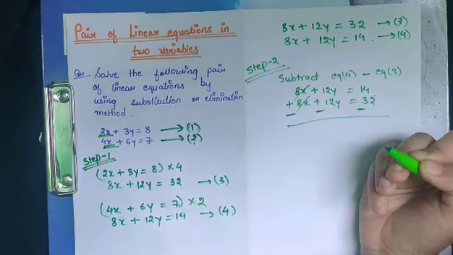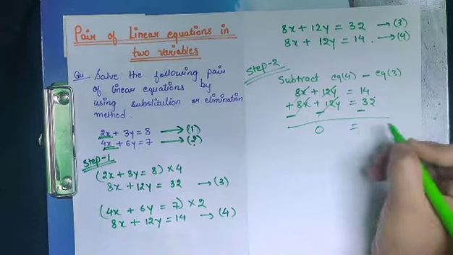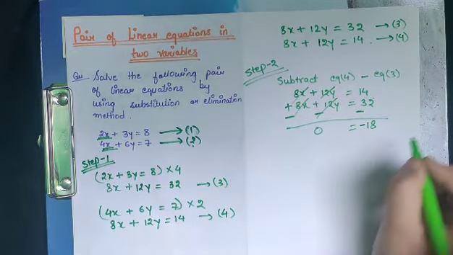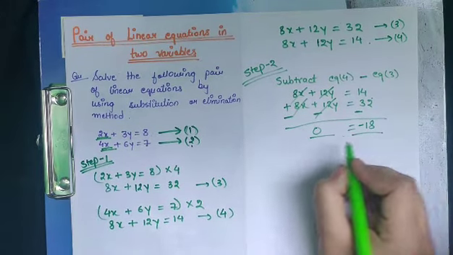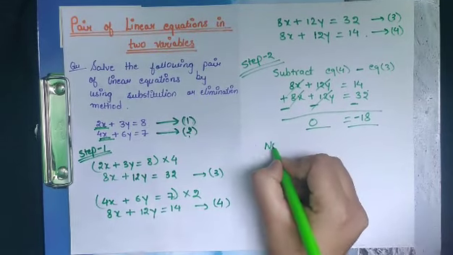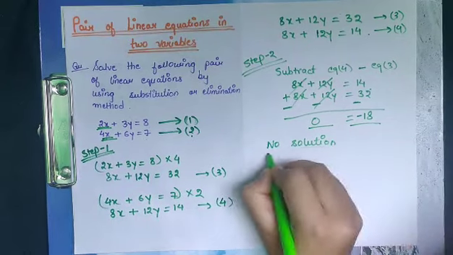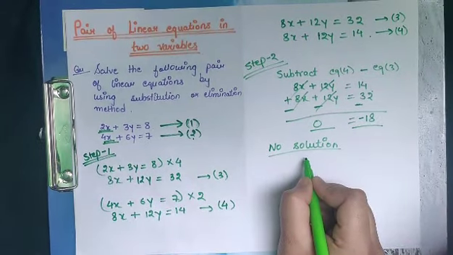So these will get cancelled. Similarly, they will get cancelled. 0 equal minus 18. Here 0 is not equal to minus 18. That means this pair of equations will have no solution. There is no value of x and y for these particular equations.